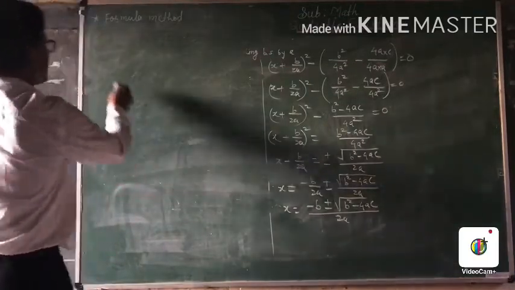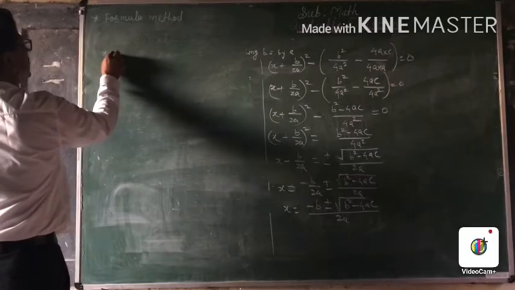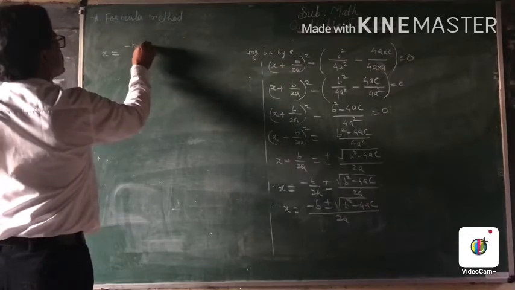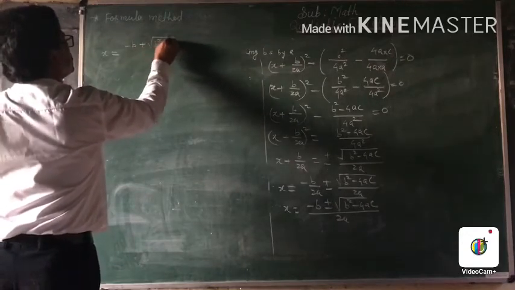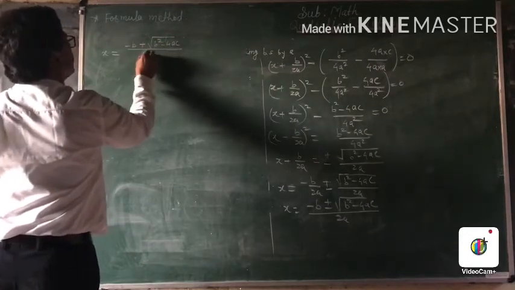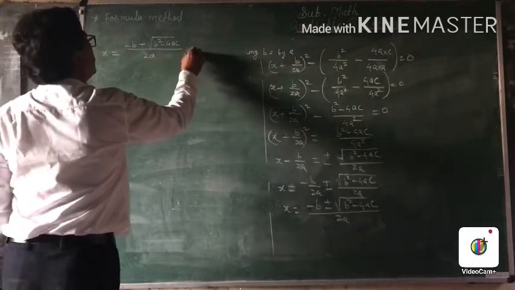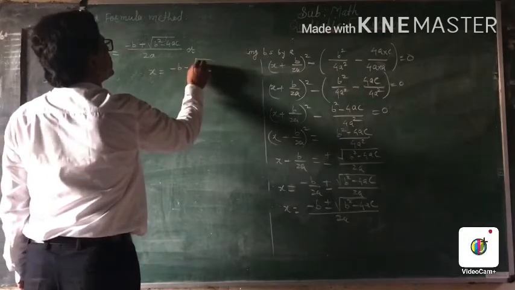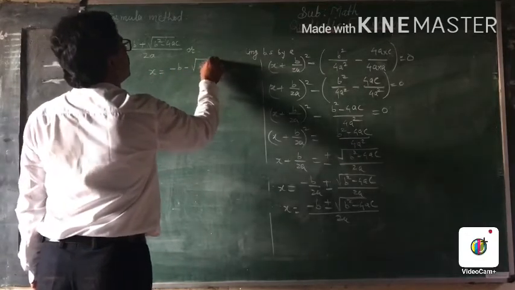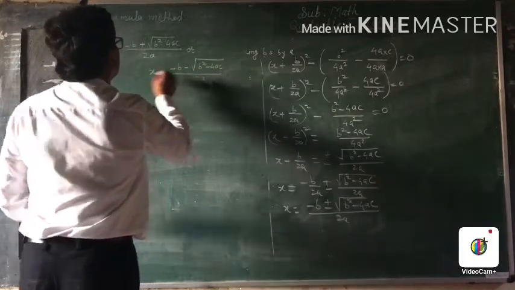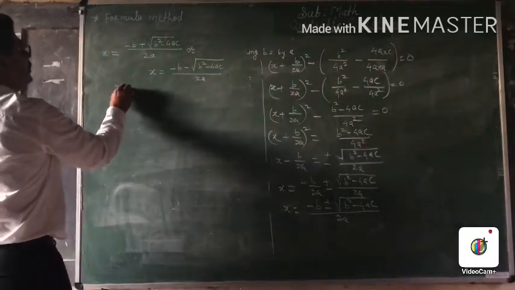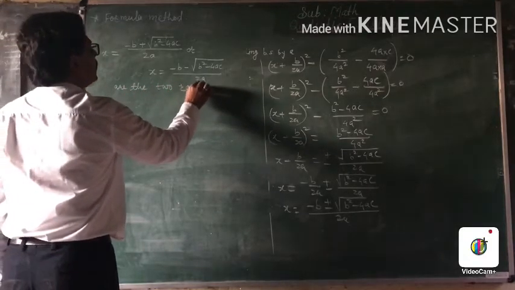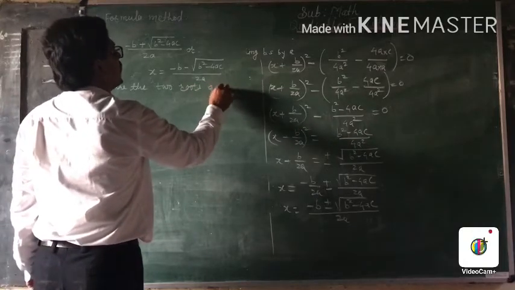One is x is equal to minus b plus root b square minus 4ac upon 2a, or x is equal to minus b minus root b square minus 4ac upon 2a. These are the two roots of the quadratic equation.